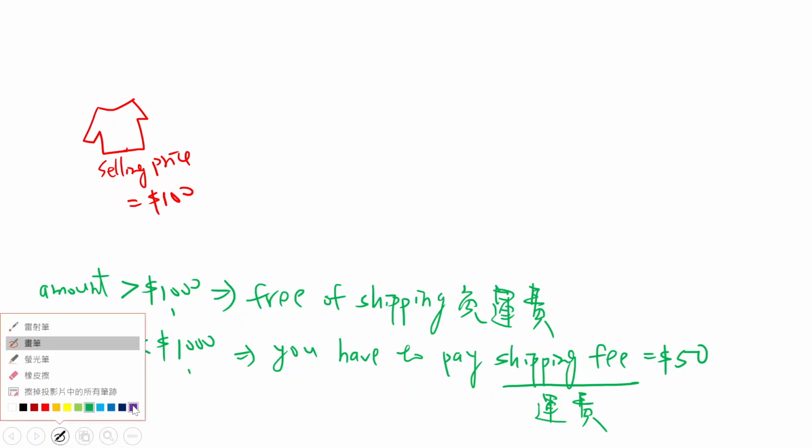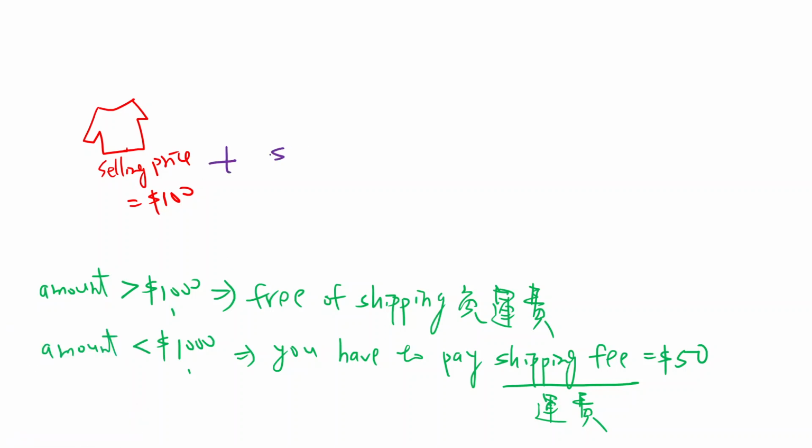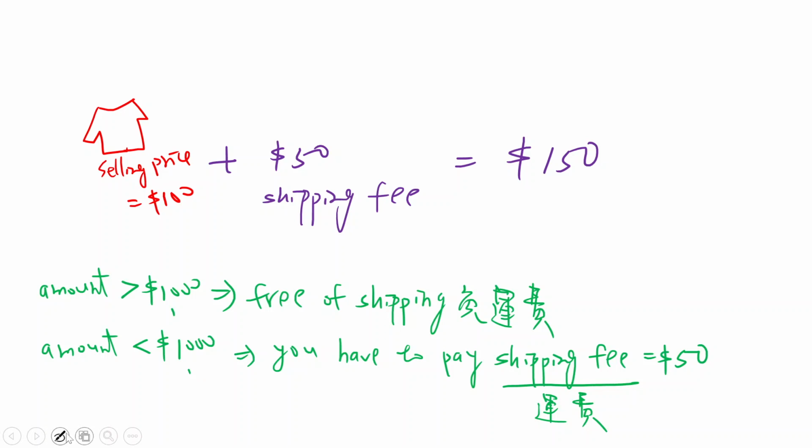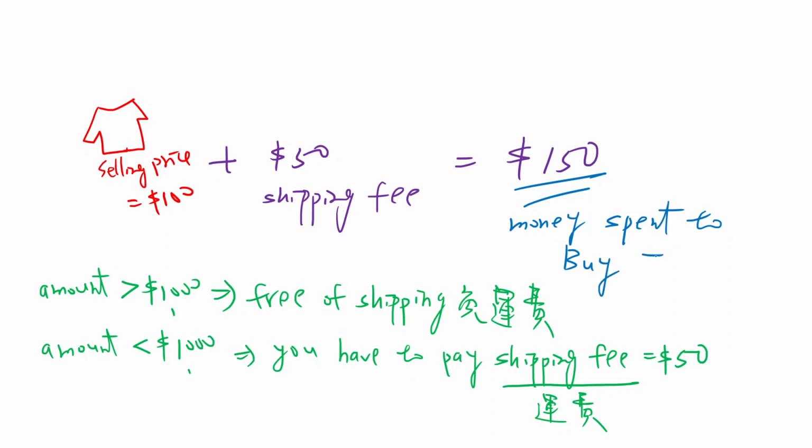It's 100 plus $50 shipping fee. So in order to get the t-shirt you want, you have to pay 150. So 150 is actually the money you spent to buy the t-shirt.